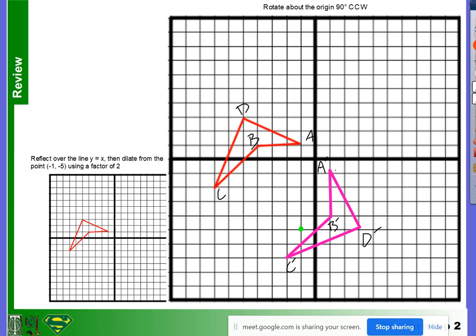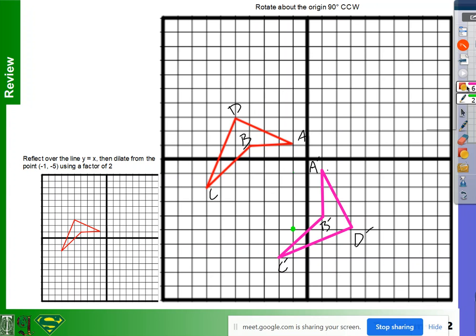And it's always easier when you're doing a dilation to create some construction lines. I'm going to connect the point of dilation with each vertex of my figure.